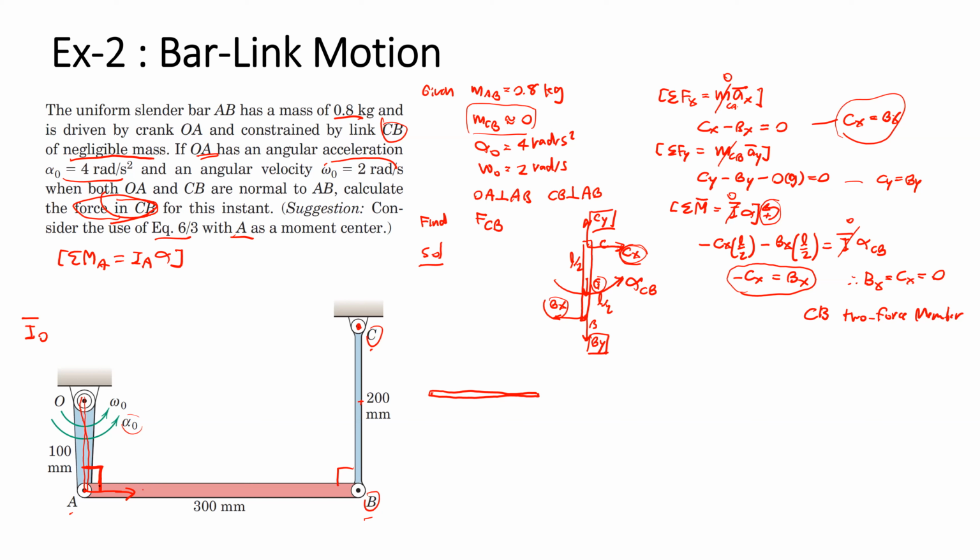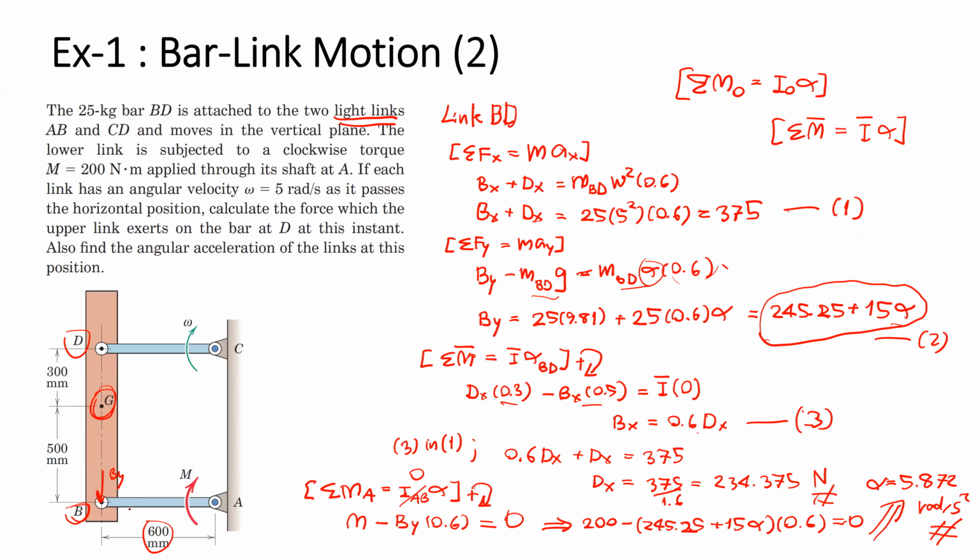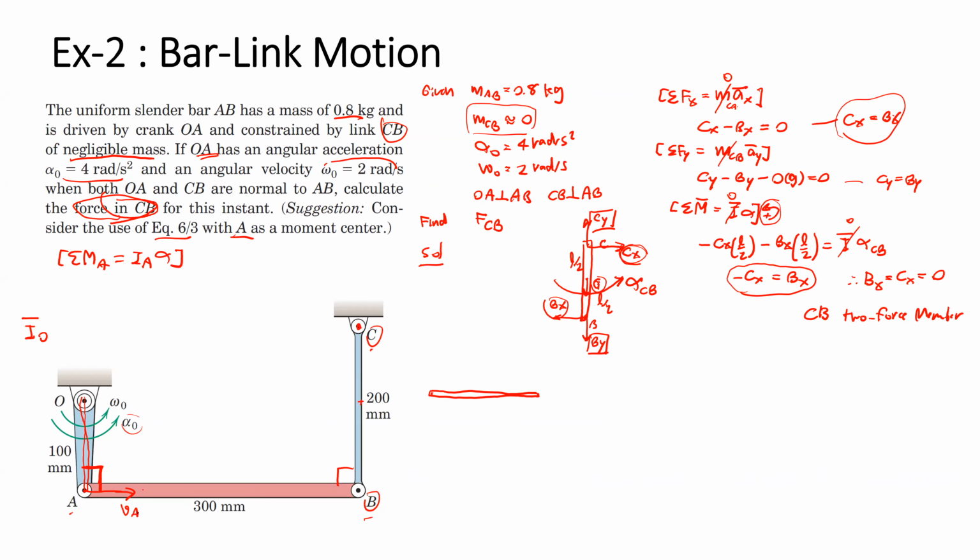So VA has only a horizontal component. VB also has a horizontal component. So at point A, we have VA. At point B, we have VB in the horizontal.